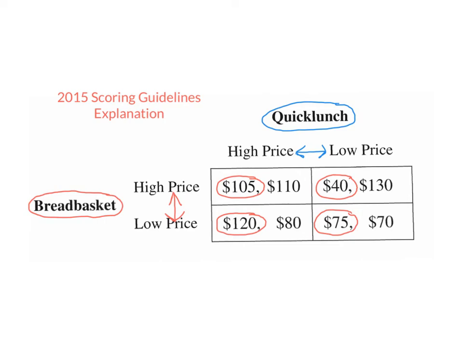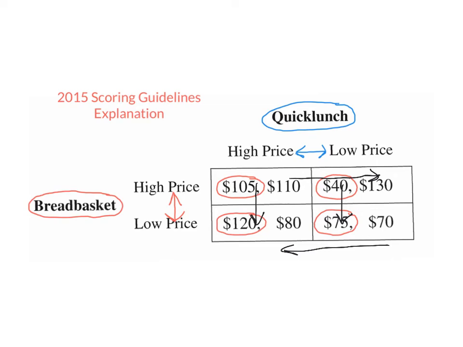So we will answer the question for both Breadbasket and Quick Lunch. In this example, Breadbasket has a dominant strategy of setting a low price, but Quick Lunch does not have a dominant strategy. You will notice that both arrows move in the same direction for Breadbasket, illustrating the dominant strategy of the low price.